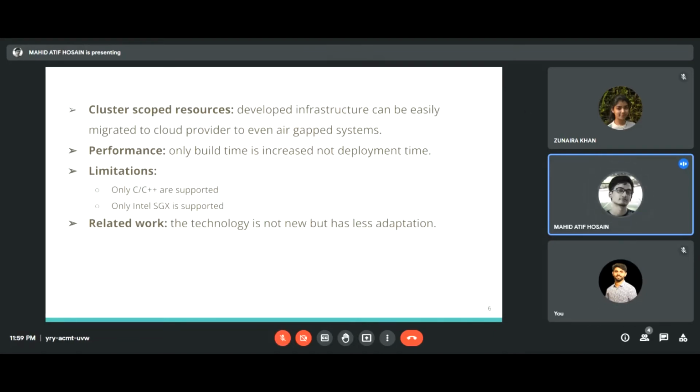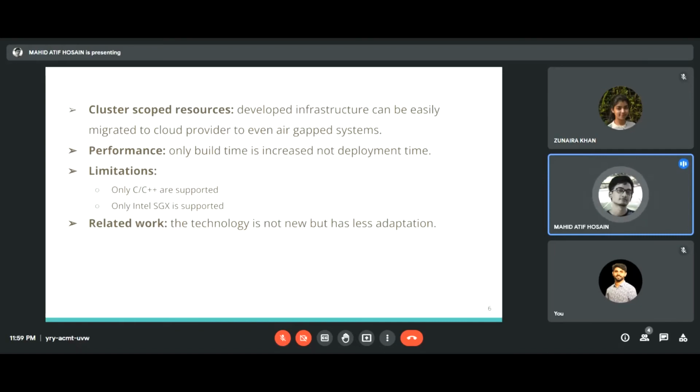So, first of all, let's talk about the cluster scope resources. What this means is that each part of our infrastructure only has access to the parts that it absolutely needs. For example, the developer only has access to pushing and pulling of the code. It does not have access to our images.